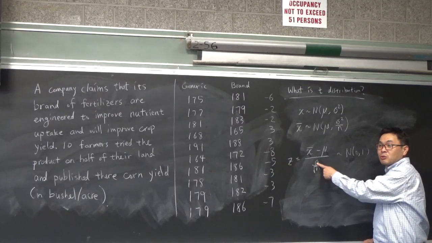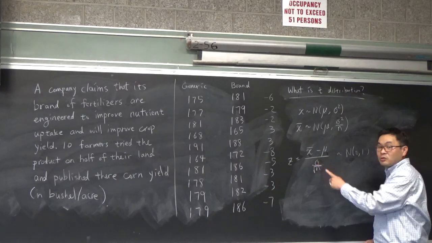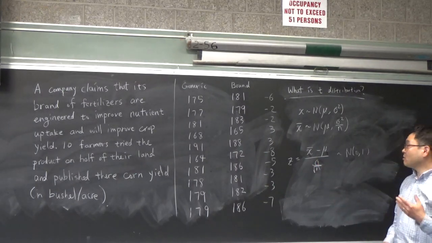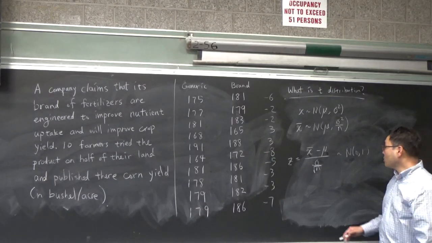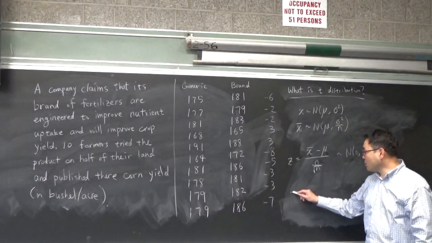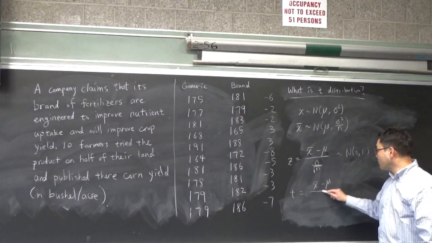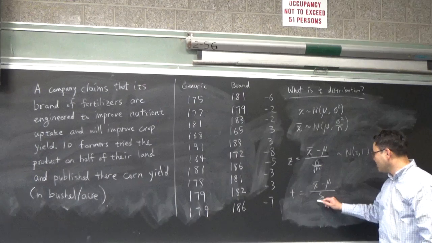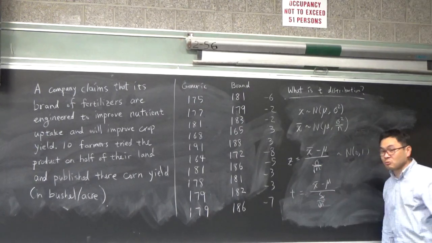So instead of sigma, what do we use? Sx, which is the Bessel-corrected standard deviation from the sample, right? So what we do is take x bar minus mu and divide it by Sx over square root of n. That's called the t-distribution.